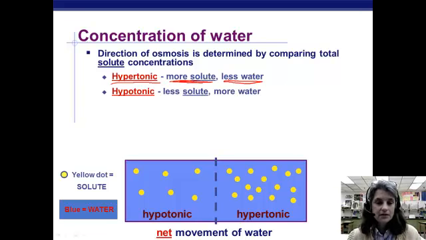Another term that we need to be aware of is hypotonic, and this would be a sample of water that has less solute in it and by default more water.